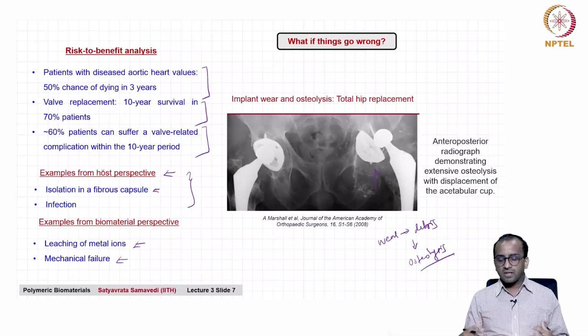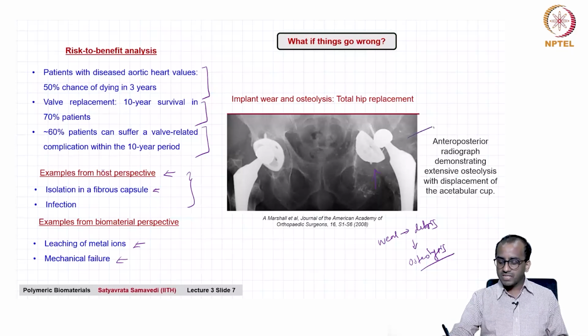Again, the key take home message here is there are risks to all of these things. The only question we are asking is overall, if everything is done right from design to surgery to implantation, etc., then there are still risks, but do those risks get far overshadowed by the benefits to the patient? So that's typically what we ask in these kinds of scenarios.